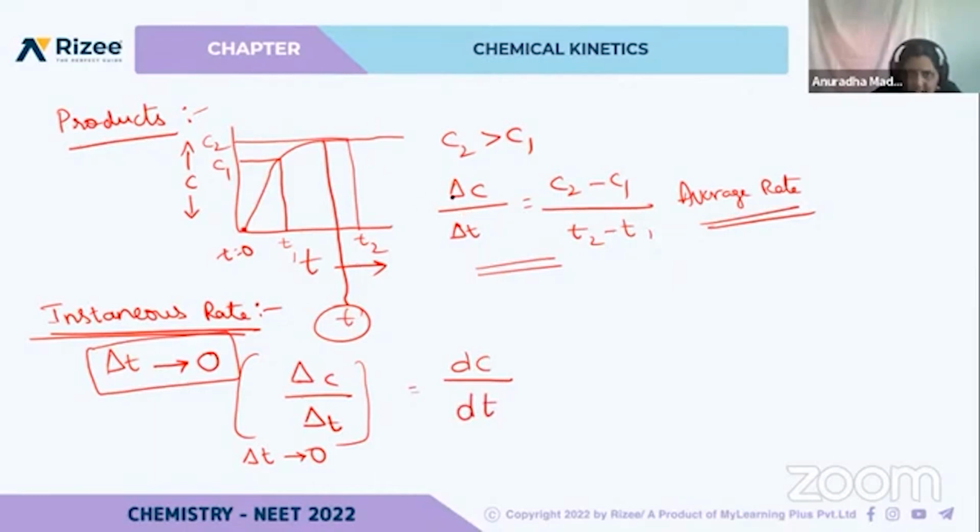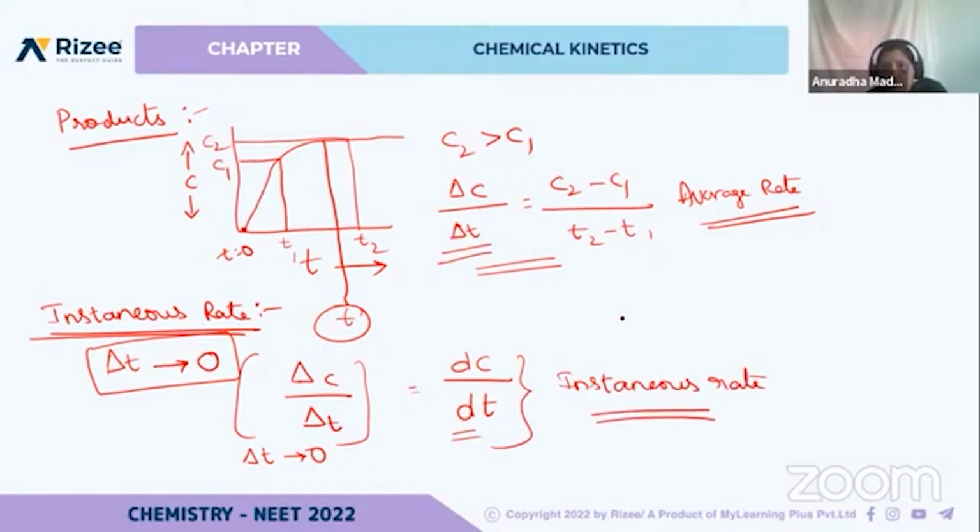If we use delta, it means change in interval. Delta C means change in concentration over an interval, and delta T means change in time over an interval. But here we use dC by dt. This is the instantaneous rate, as we are not using intervals. We are calculating the rate at a particular time, not in between a time interval, and that is the instantaneous rate.